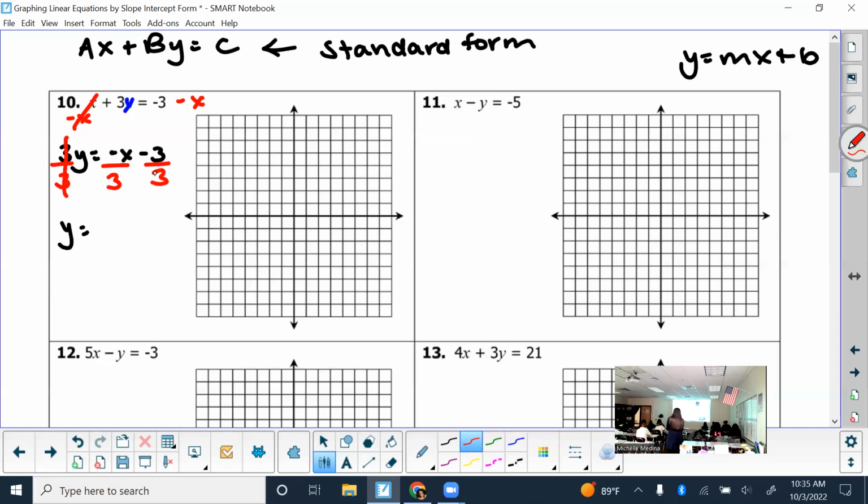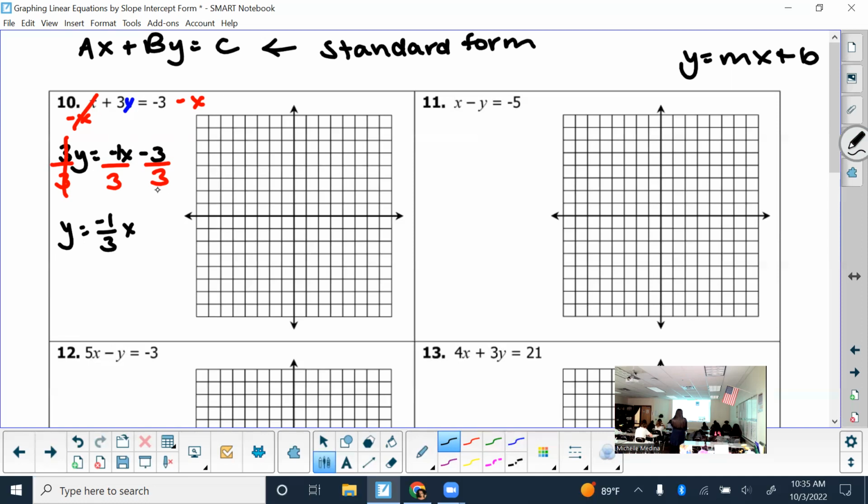Is slope allowed to be a fraction? Yes, as long as it's a fully simplified fraction. So can I simplify negative 1/3 further? No, it's fully simplified already. Only 1 goes into both. Over here, simplify that.